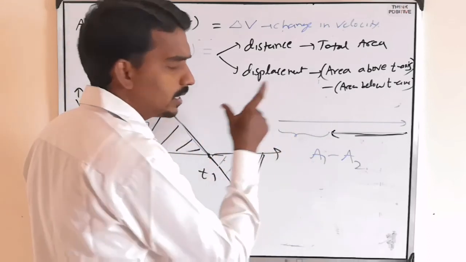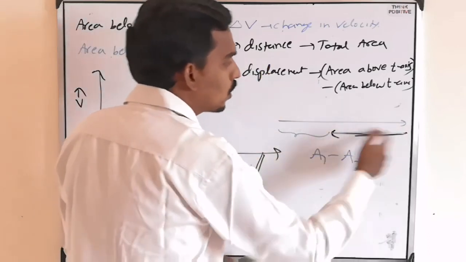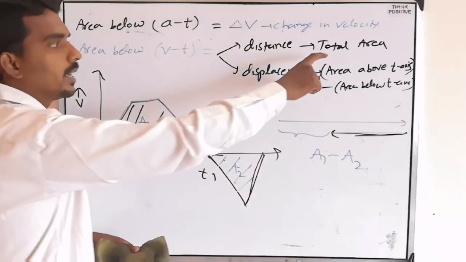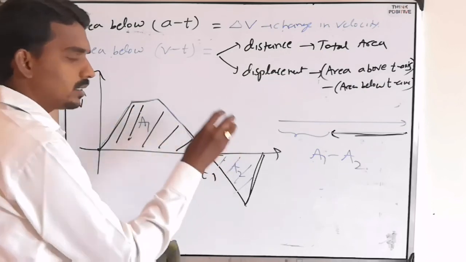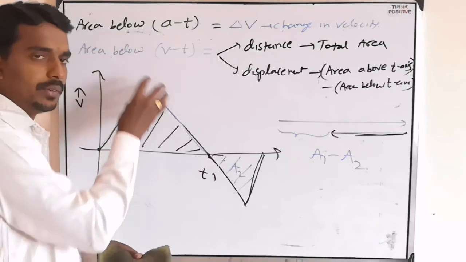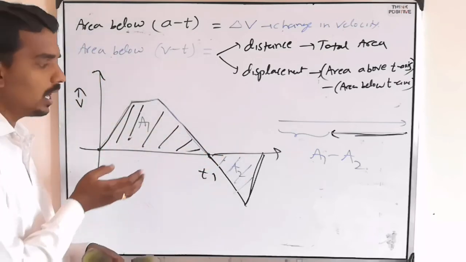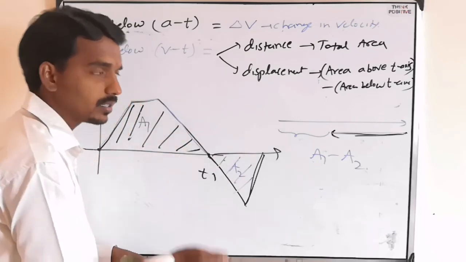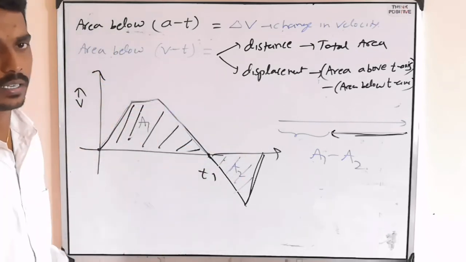Displacement is the shortest distance, but distance is the total length. So A1 plus A2, the total area, is called distance. But positive area minus negative area, or area above the time axis minus area below the time axis, is called displacement.